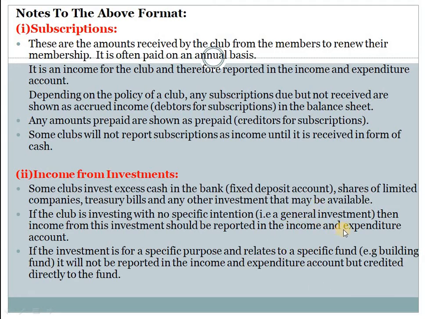I hope you are understanding this. If the investment is for a specific purpose and relates to a specific fund, for example a building fund, it will not be reported in the income and expenditure account, but credited directly to the fund.